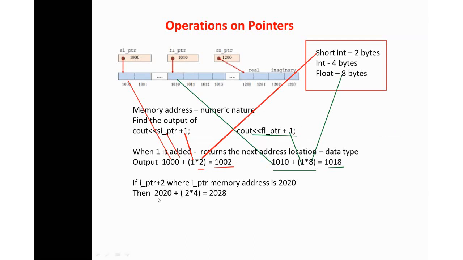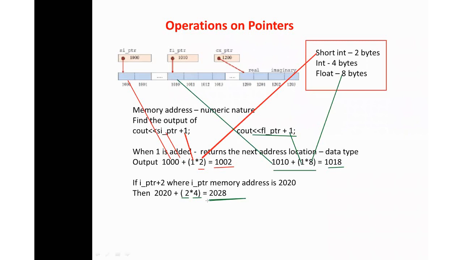So you have 2020 as its base address, the number of positions to be incremented is 2, and the number of bytes occupied is 4. So 2020 plus 8 will give you 2028.